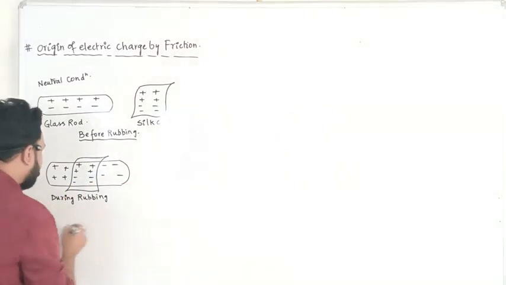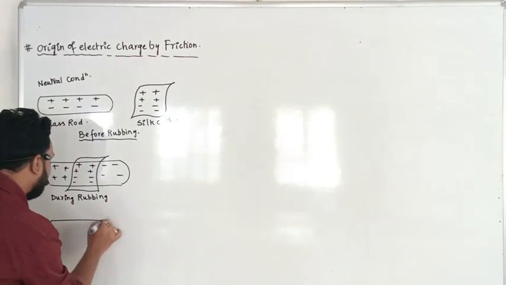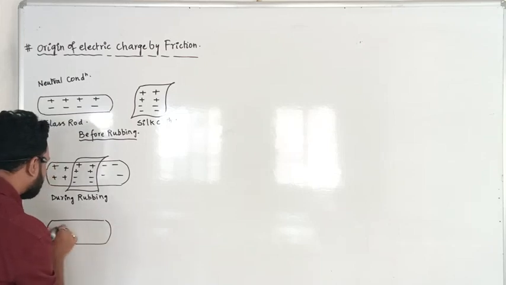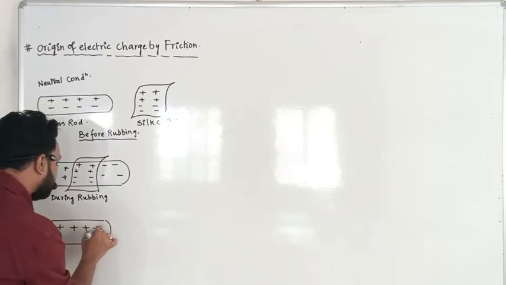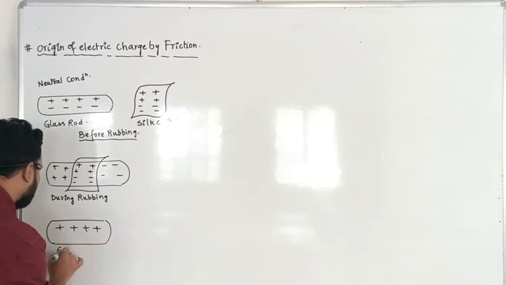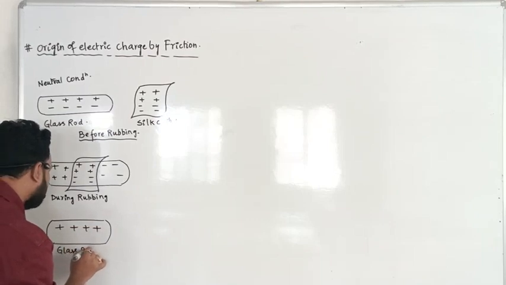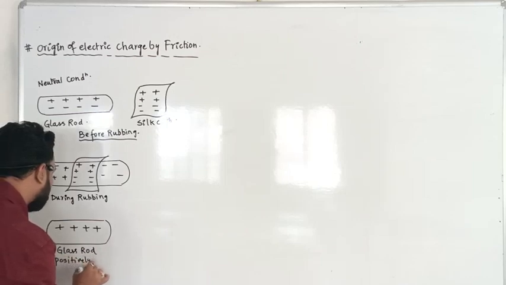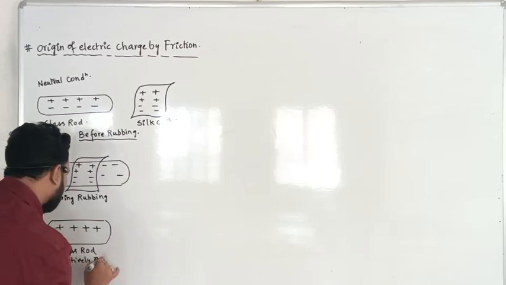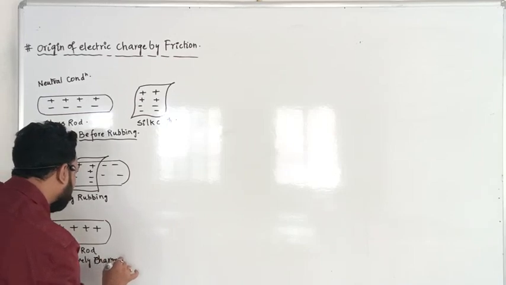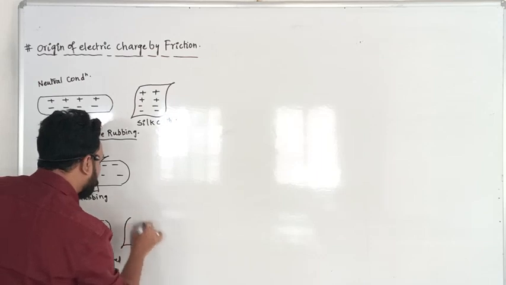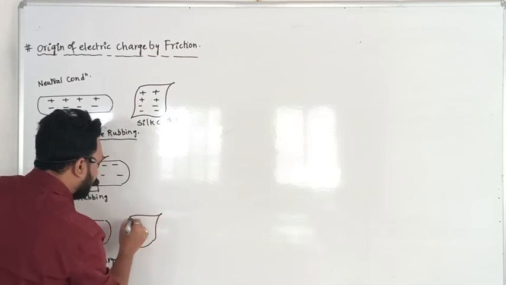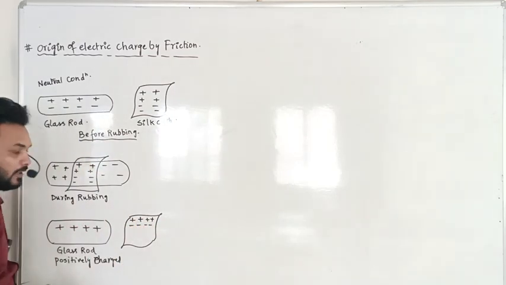Understood? If I say after rubbing, what is the condition? The glass rod becomes positively charged. This is a positively charged body. Now the silk cloth, already it has a number of protons equal to the number of electrons.